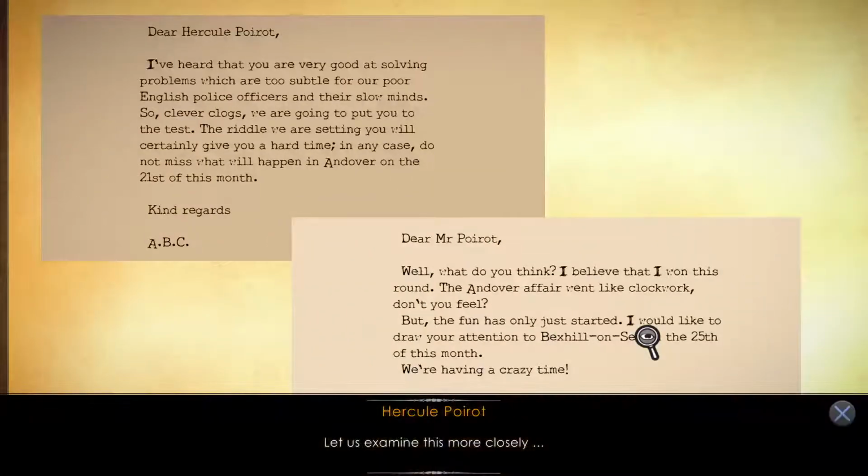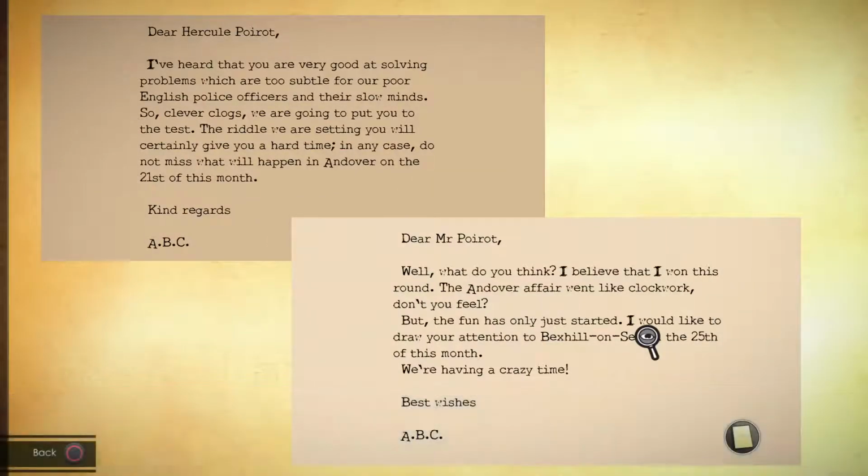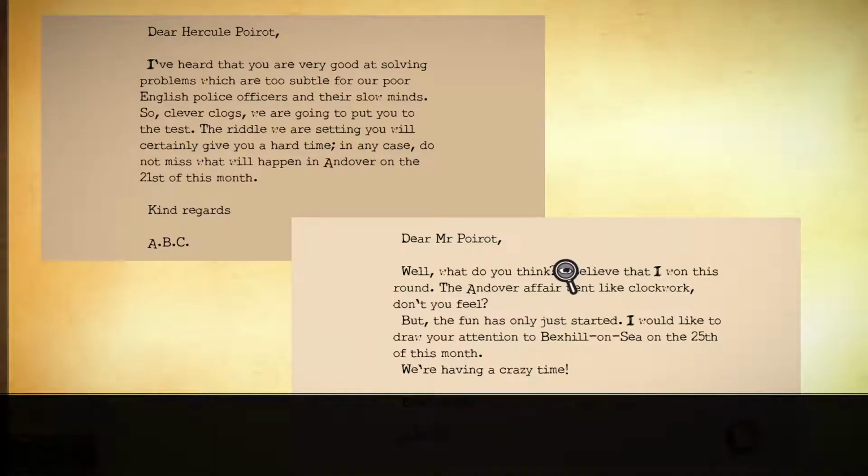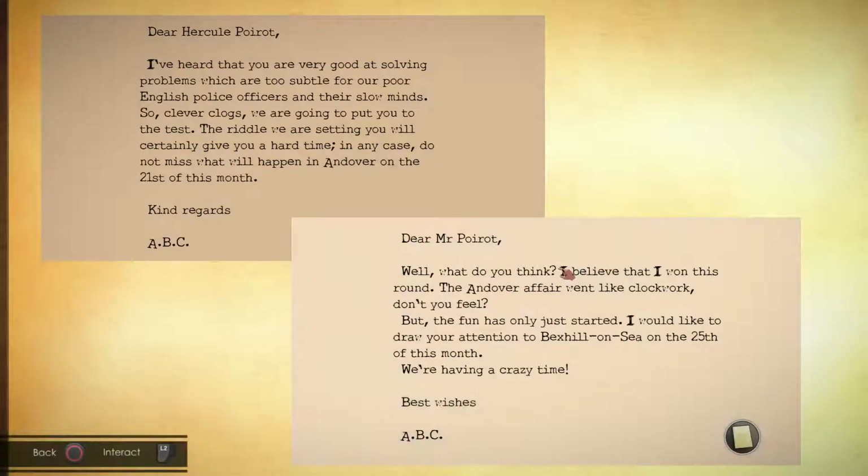Let us examine this more closely. Well, look at the letter I. Certain characters in the 2 letters may have similar defects. That is correct.